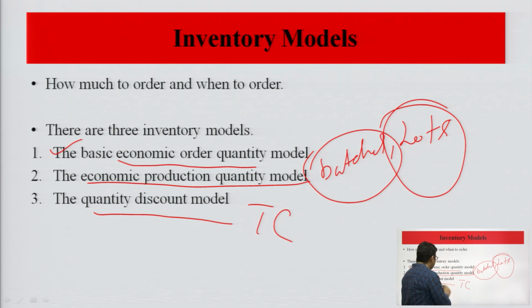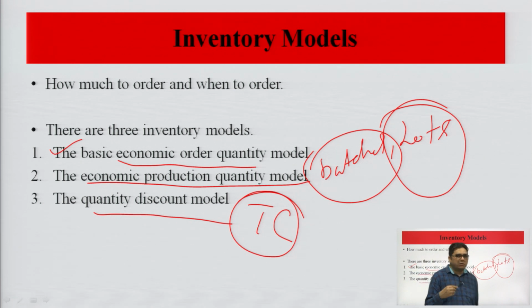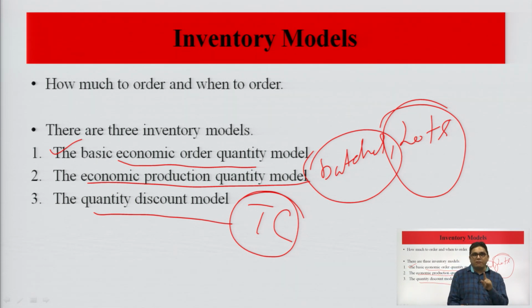The quantity discount model offers a number of total costs and discounts, and we try to identify which discount is more profitable to the customer, where total cost is minimum. So, there are three inventory models.